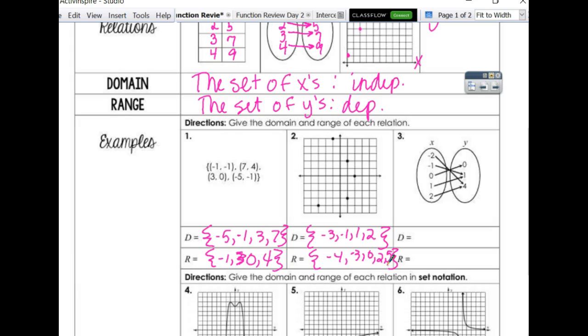I know who your Algebra 2 teacher was last year. Okay, look. Did the x's repeat? Who said yes? This 2 goes to 4. This negative 1 goes to 1. This 0 goes to 0. This 1 goes to 1. This 2 goes to 4. Every x goes to 1 y. So this is a function.